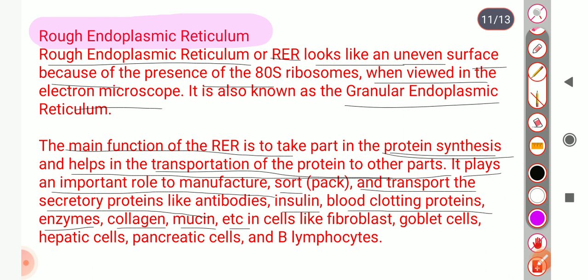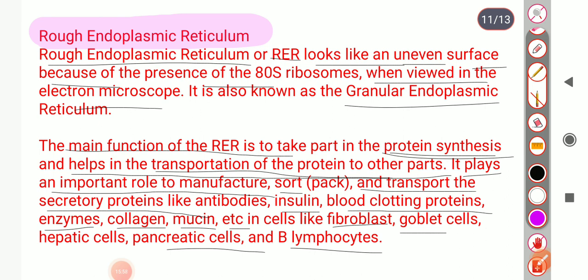It helps in transporting secretory proteins like antibodies, insulin, blood clotting proteins, enzymes, collagen, mucin, etc., in cells like fibroblasts, goblet cells, hepatic cells, pancreatic cells, and B lymphocytes.